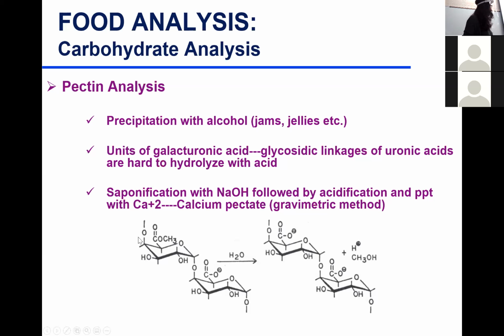Your pectins are in the galacturonic acid form that has a negative charge here and a negative charge here, and if you add calcium, you produce calcium pectate, which precipitates. That precipitated calcium pectate is measured gravimetrically.